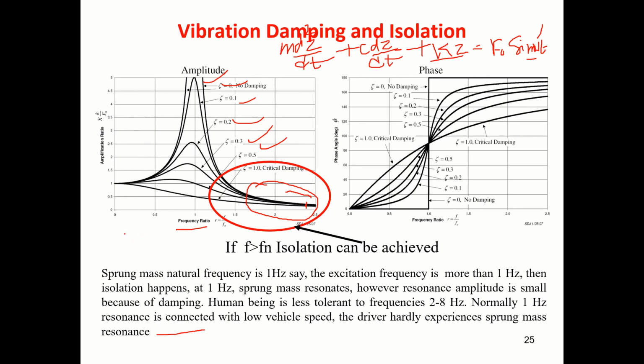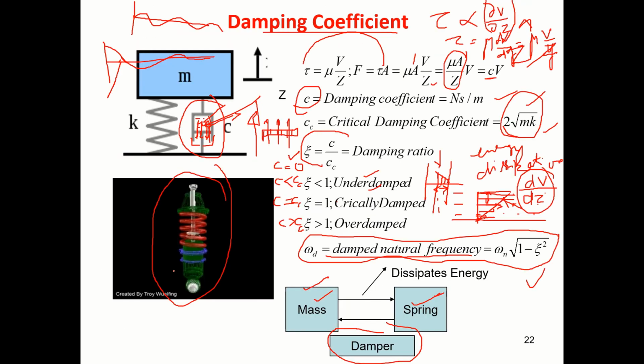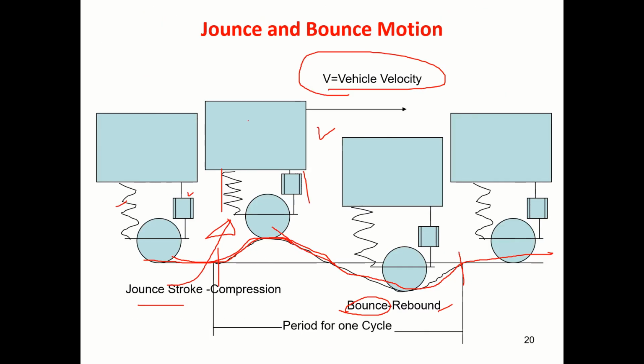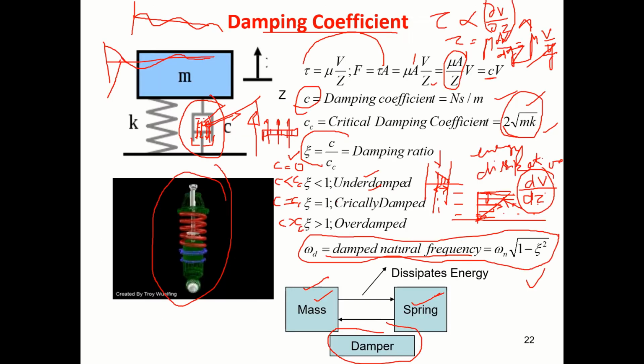Now let us go back to our slide there. If I can fix my car's natural frequency as, say, 1 Hertz, the car which I was talking about in the previous case, this particular example.